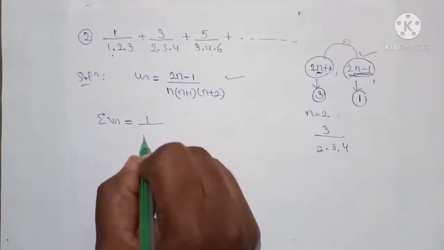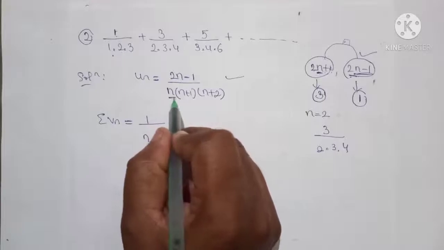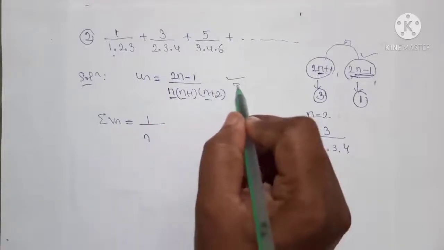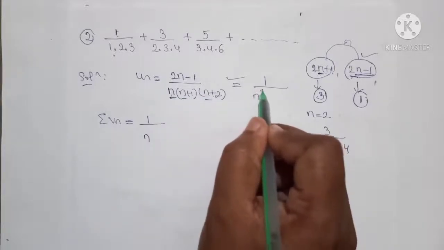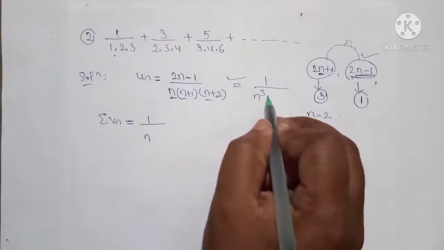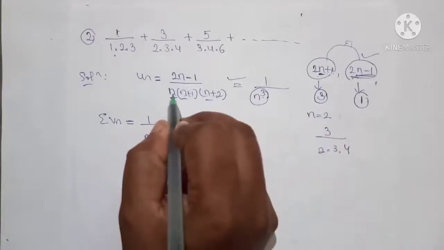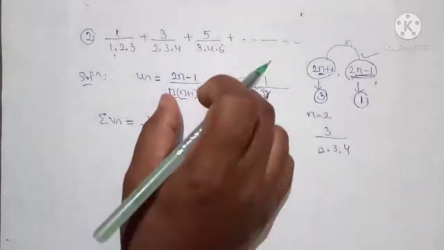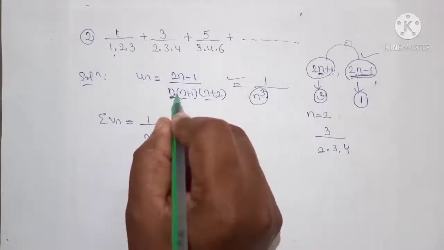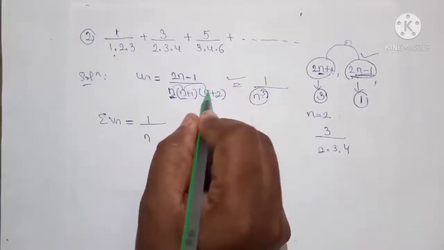In the denominator, the highest degree will be, if you simplify this, n into n into n equals n power 3. So the highest degree will be 3. You can check here: if you multiply these two brackets with this n, you will get n power 3.